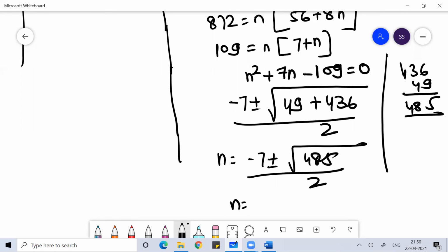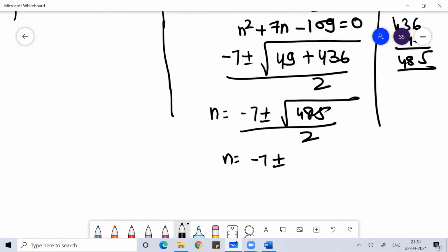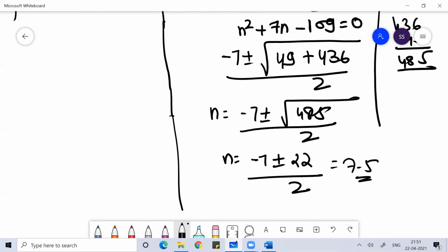So the value of n is minus 7 plus or minus... 23 square is 529, so this is around 22. Divide by 2, 22 point something. So 22 minus 7, that is 15 by 2, around 7.5 something.